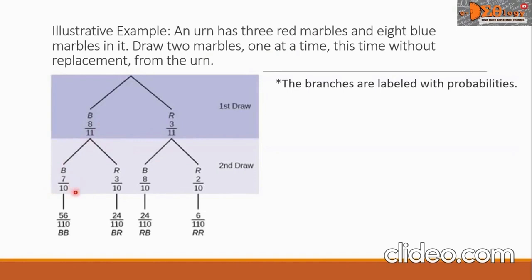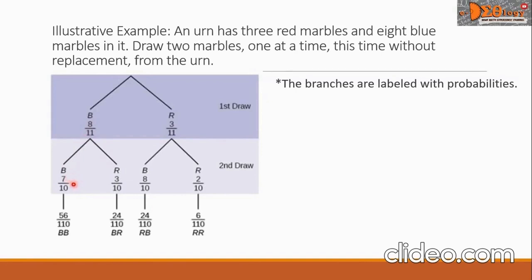Remember, in the problem it says we are not replacing back the first marble once we get the first draw. It means there is an assumption that the first marble is blue, so there will be only 7 left in the blue marbles.